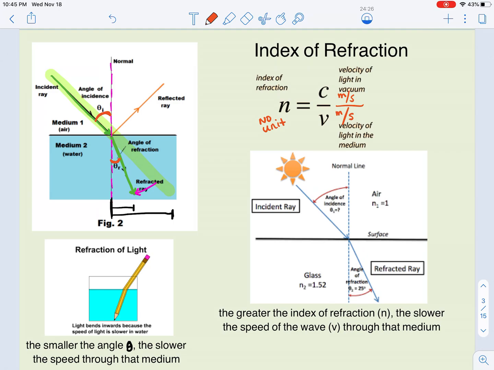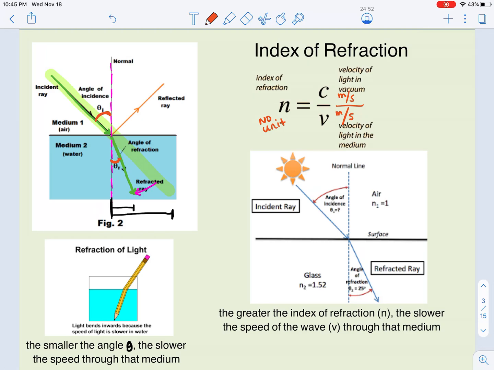So our N value is not going to have a unit because our units will cancel. But this N value does have very important meaning. It's going to give me an indication as to whether my new substance, or the substance that I'm calculating it for, is more dense or less dense.